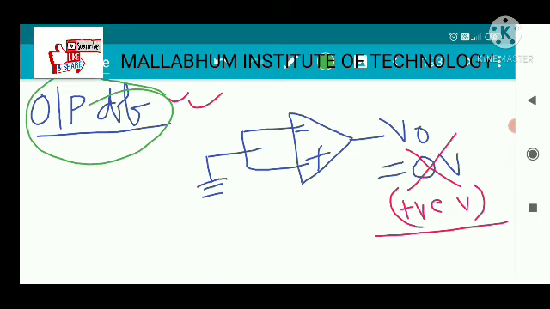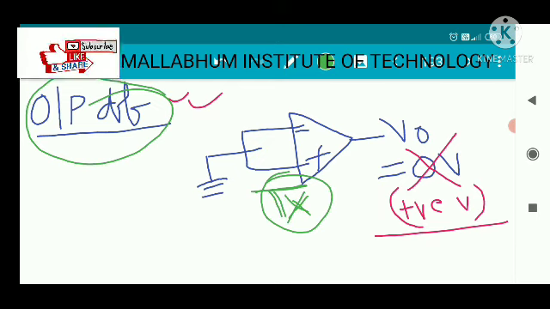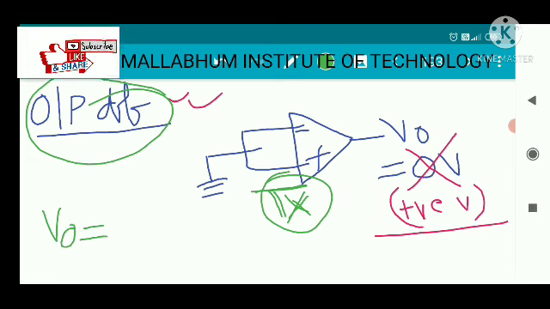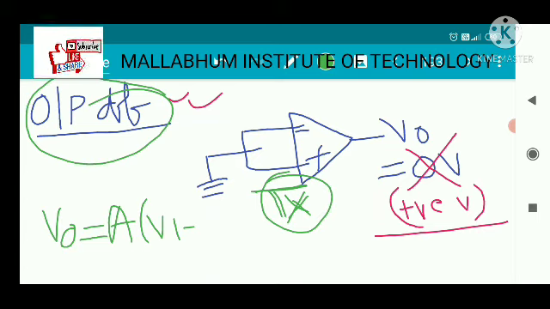That means both transistors must be identical. Here the transistors are not identical, so if we short both input terminals, the output voltage is not exactly equal to 0.